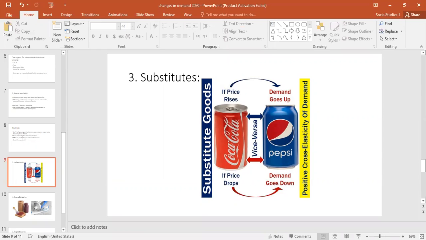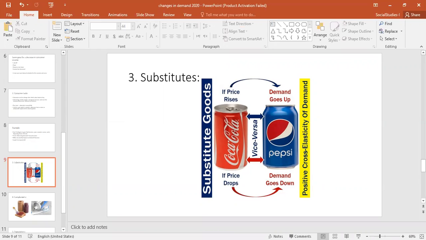All of these are substitutes. You can have a juice brand like Johanna, and you can substitute it with another brand. So these are basically substitutes.